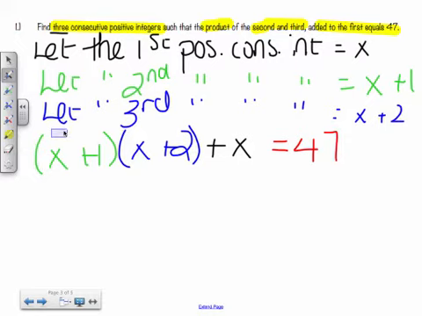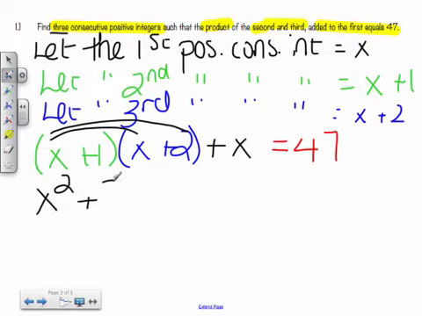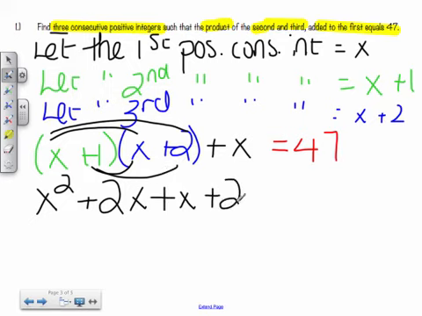Okay, so go ahead and distribute the x to everybody in the blue set of parentheses. So you end up getting x squared plus 2x, and then distribute the 1 through, so you get plus x plus 2. Copy down this plus x, and that all equals 47.